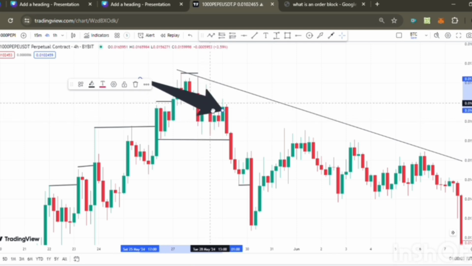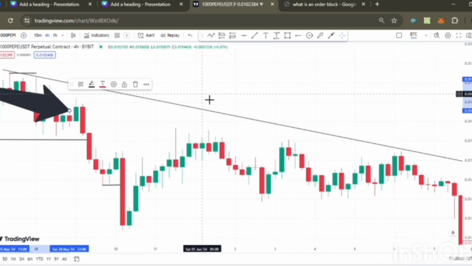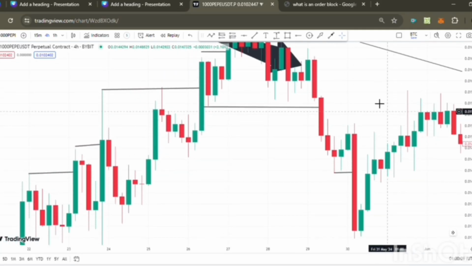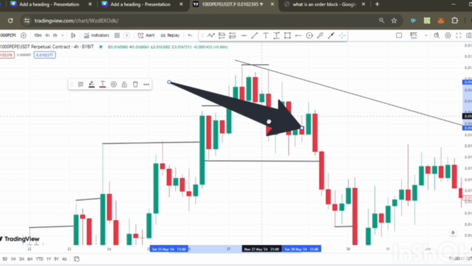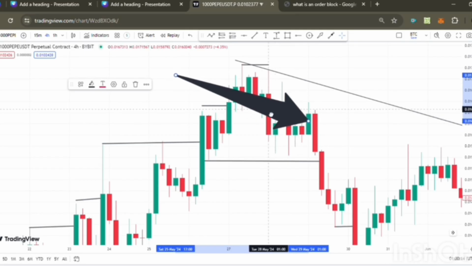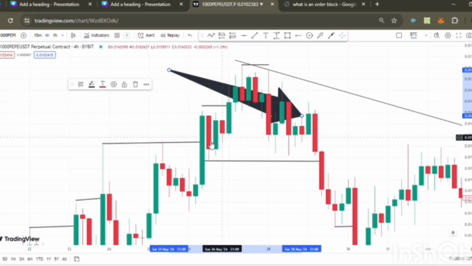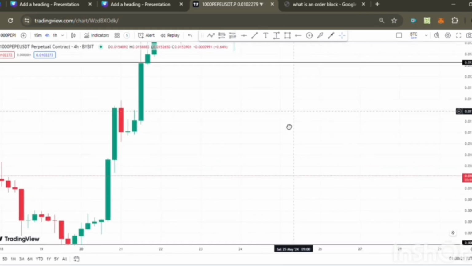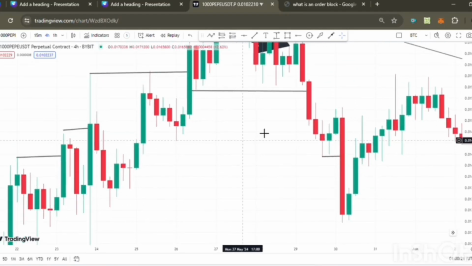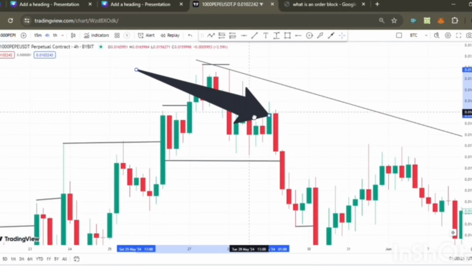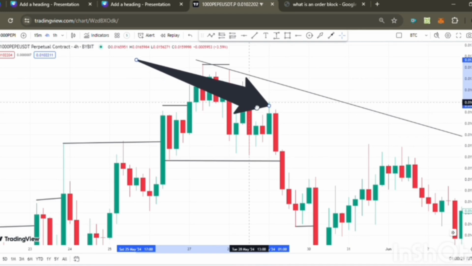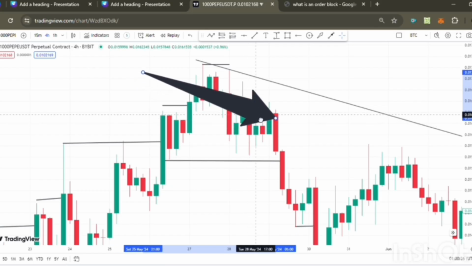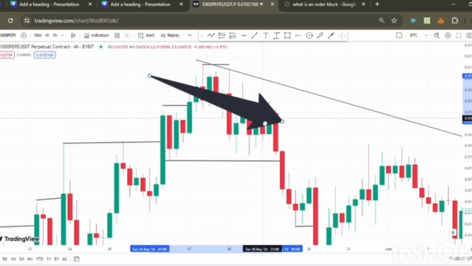If you look at this area, remember in the uptrend, the order block is the last bearish candle, but when the market is making a downtrend movement, it is the last bullish candle. As you can see, this green candle is the last green candle that formed before the market starts pulling down drastically to the downside.